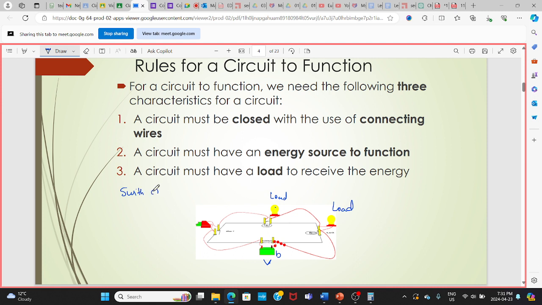Switch on, closed path. When it is off, it is an open path. You know, one of these items, we need to have a closed path, right? The wire needs to be really closed. The open path, the electron will not move through an open path.